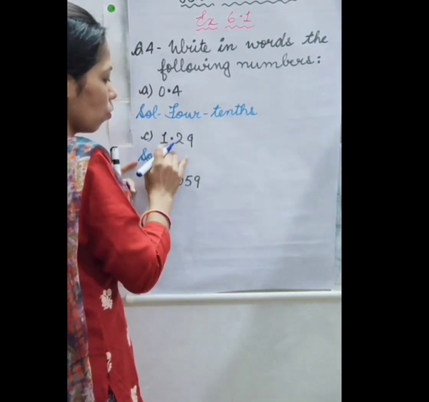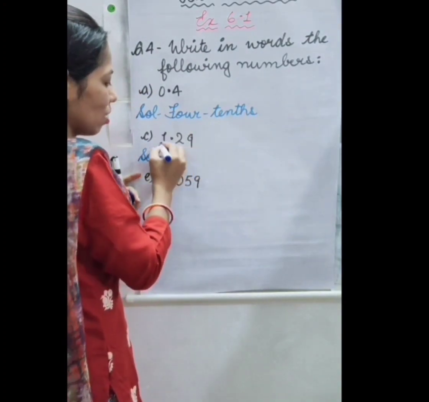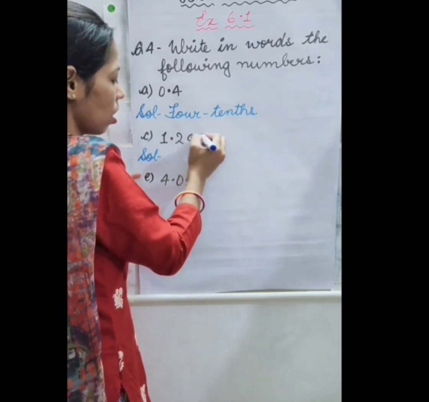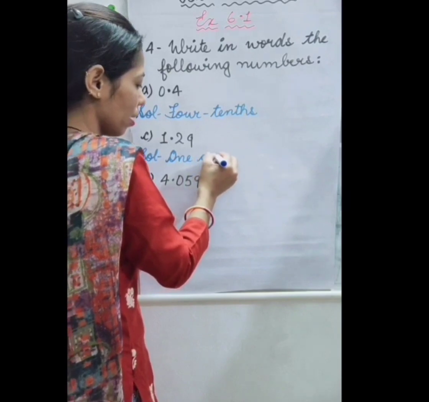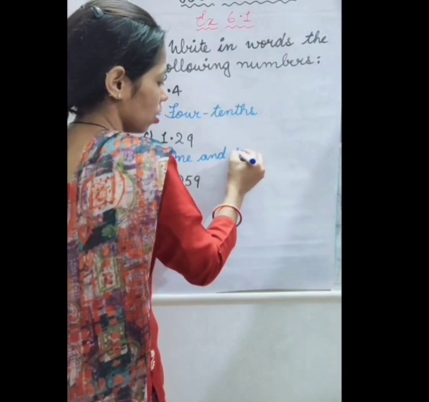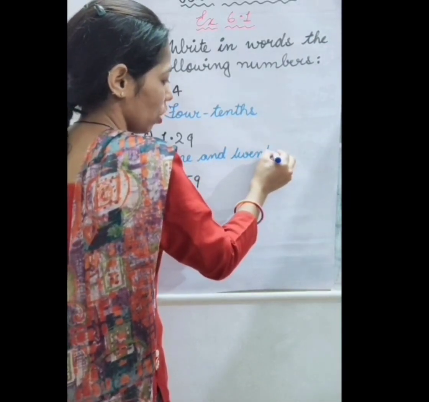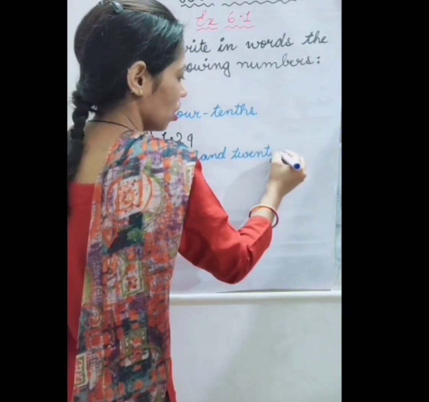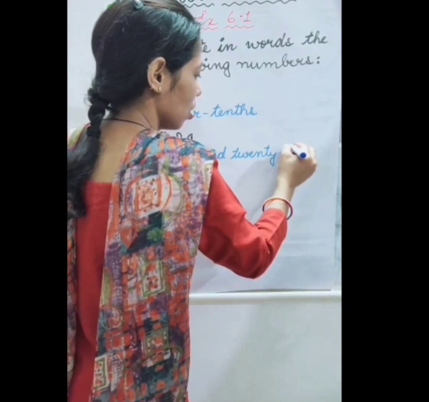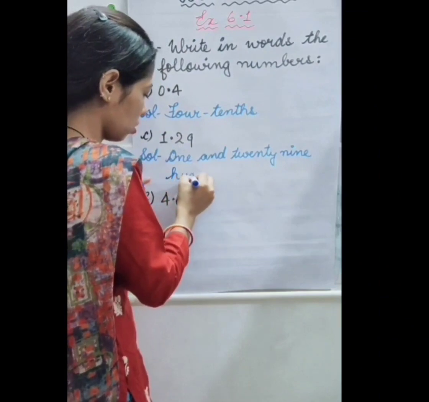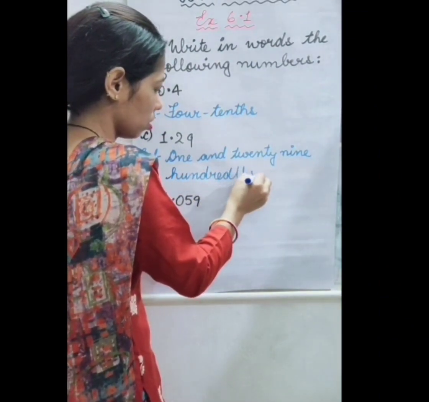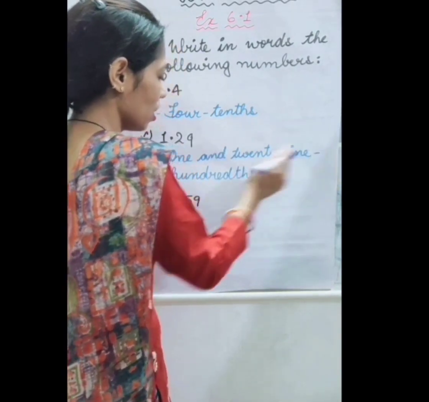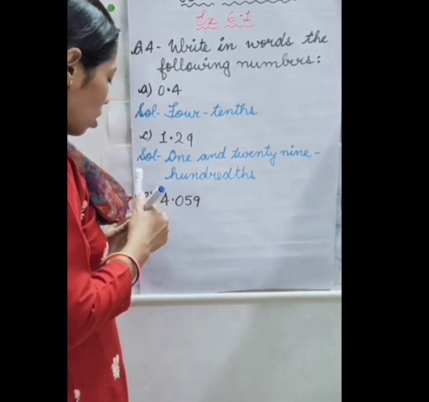Then this 1.29, or we can say 1 and 29 hundredths. So we will write 1 and 29 hundredths.